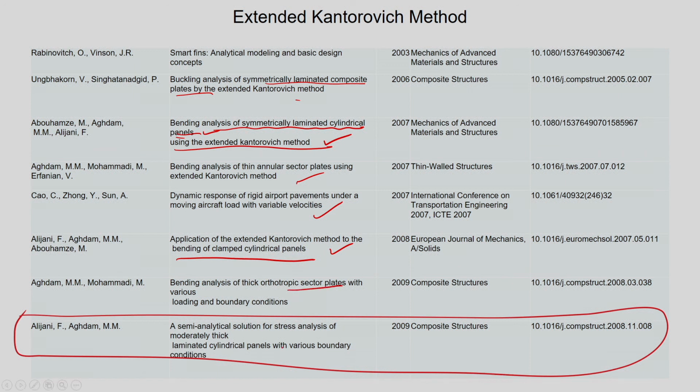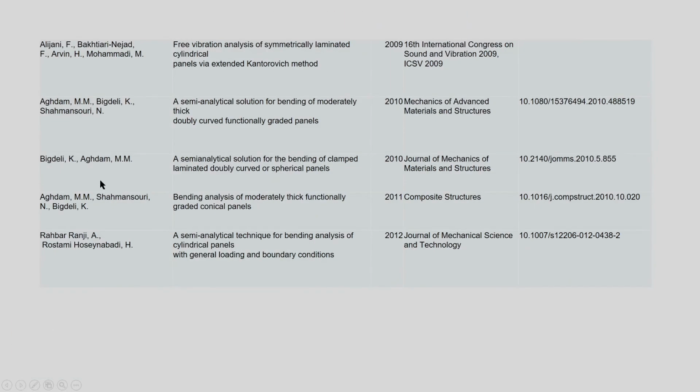So, basically those having some curvature, and the title is semi-analytical solution for a thick laminated cylindrical panel with various boundary conditions. In the present lecture, I shall explain the state of the art presented in this paper, so that learners have an idea of how to move ahead or how to use this method for developing a solution for a cylindrical panel using first order shear deformation theory.